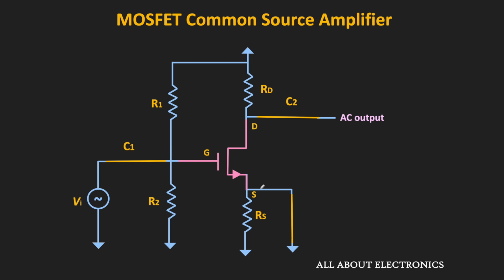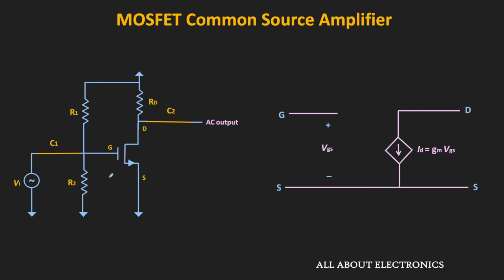So here, since the bypass capacitor acts as a short circuit, this resistor RS will also get short circuited. And if we see the equivalent circuit, then it will look like this. So here, this input signal is appearing between the gate and the ground terminal, or effectively, it will appear between the gate and the source terminal.